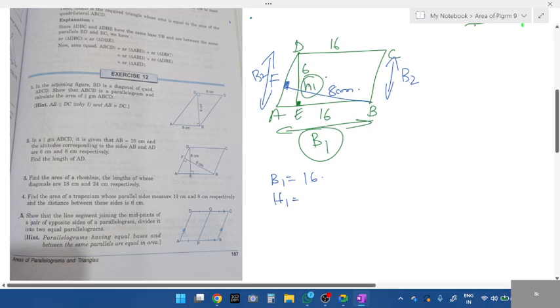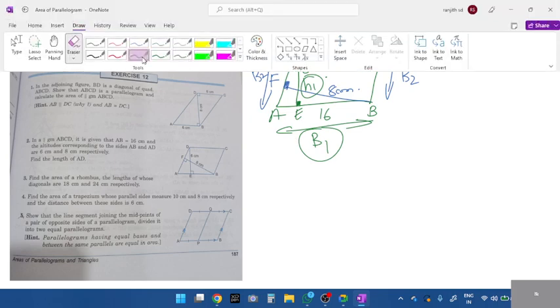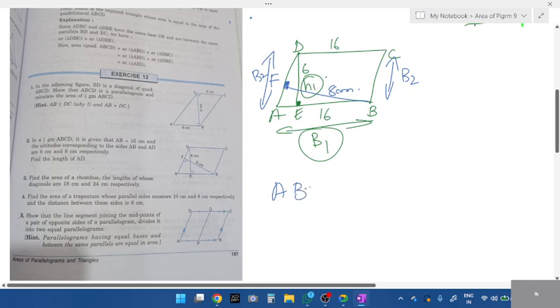What is the B1 value? What is B1 base? 16. So look here, write it like this. AB in bracket B1 is equal to 16. What is the corresponding height? DE. Take it as H1. What is it? 6.